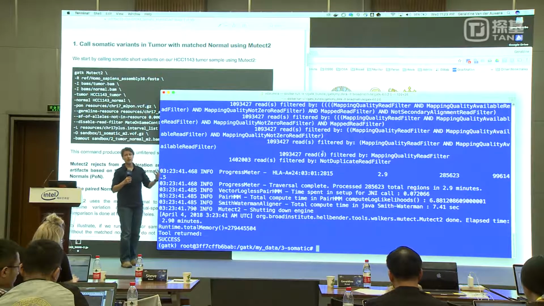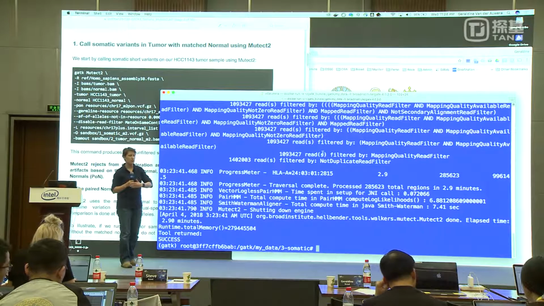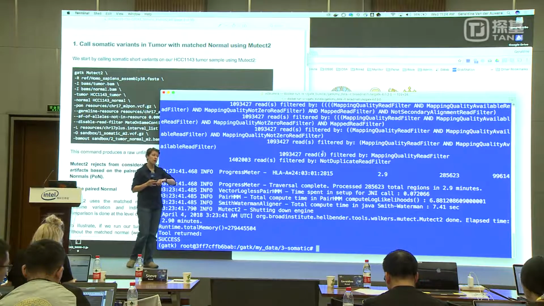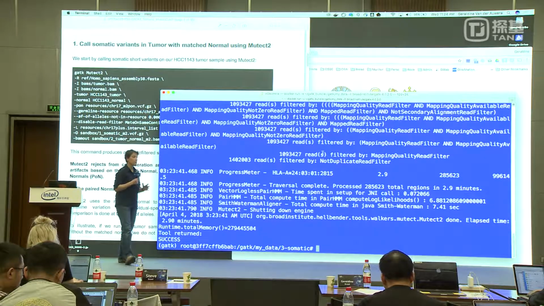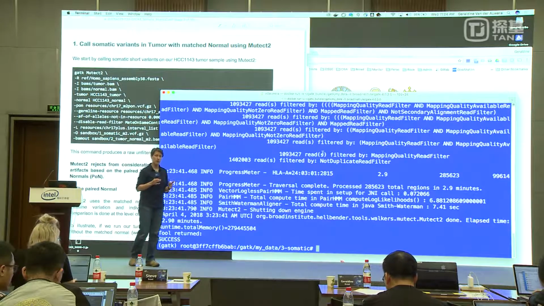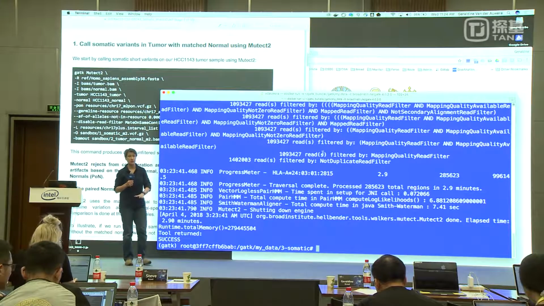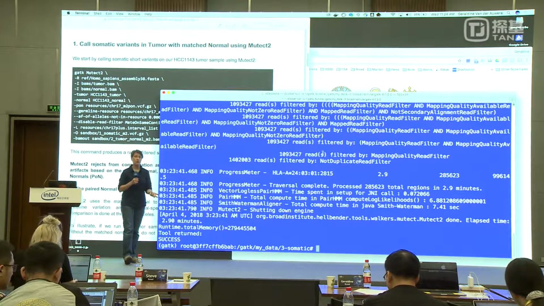Now in the future, what we'd like to do is have a way of having some tool be able to do both, potentially in some form, to economize a little bit. But for now, it's really important to understand that you have to run these pipelines separately. Just running somatic will not give you appropriate germline calls.